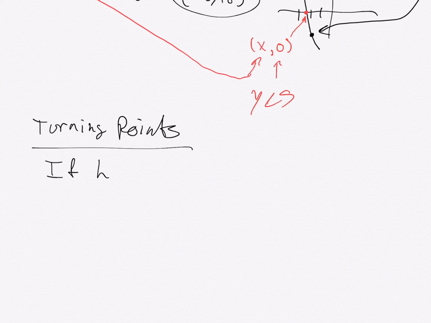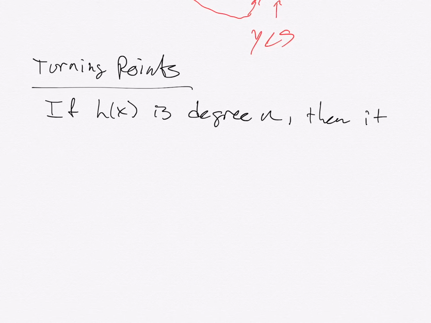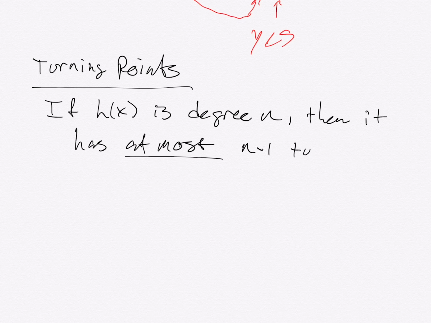If our function, let's call it h of x, doesn't matter what it's called, is degree n, in other words, the largest exponent is n, then it has, at most, which is not language that we hear very often, at most, n minus 1 turning points.